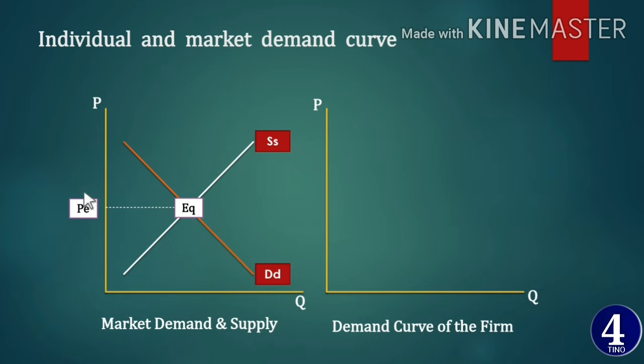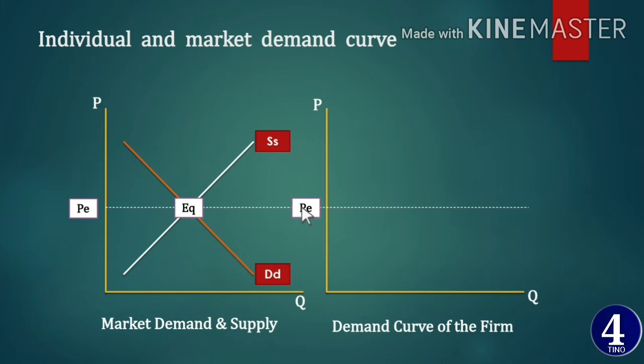Then after this price is determined, the individual firms will accept it as it is, which means that we have this price for every individual firm, or for every seller, and even for every buyer. We will have this price to accept.